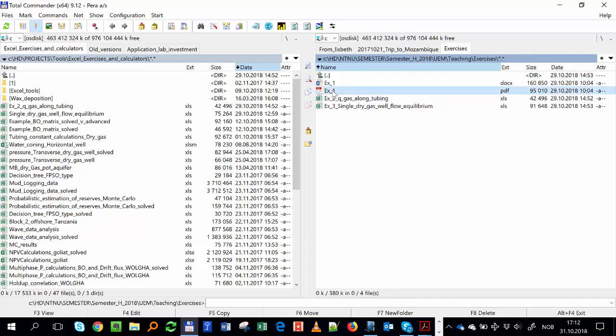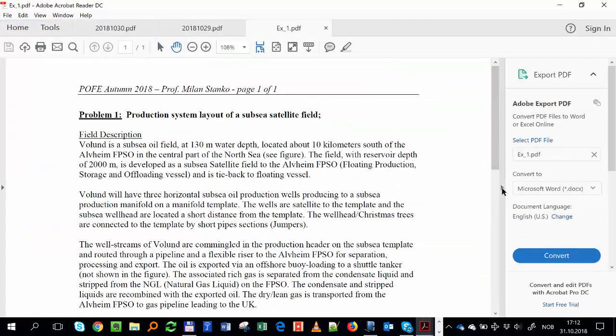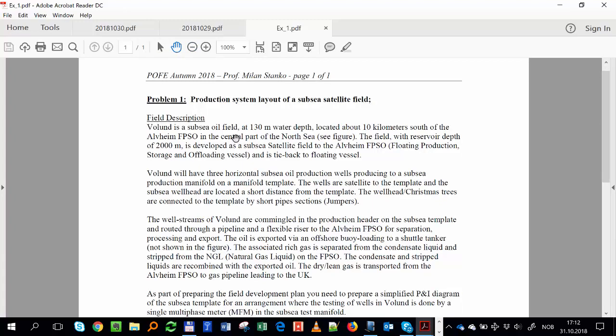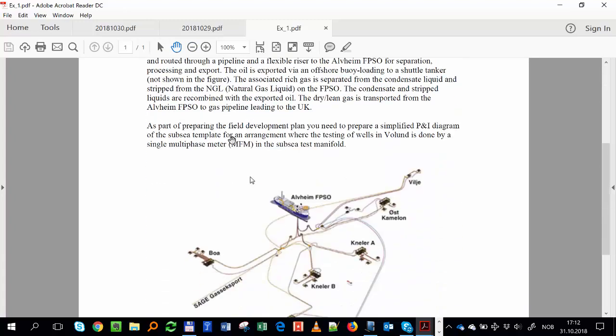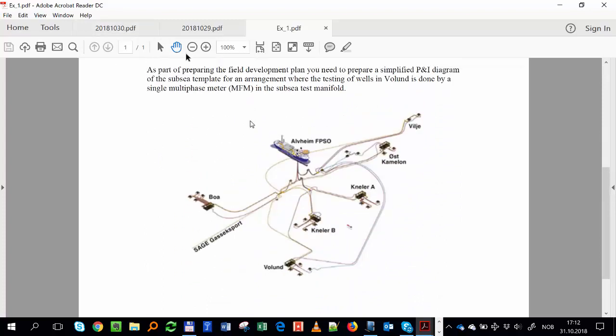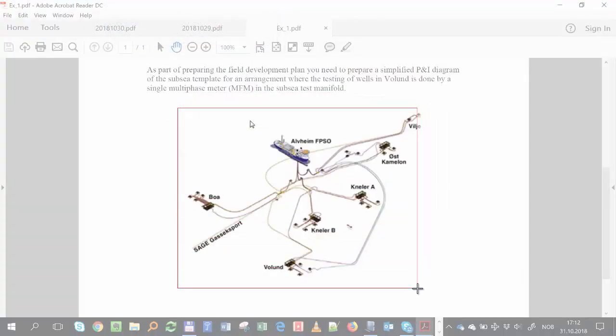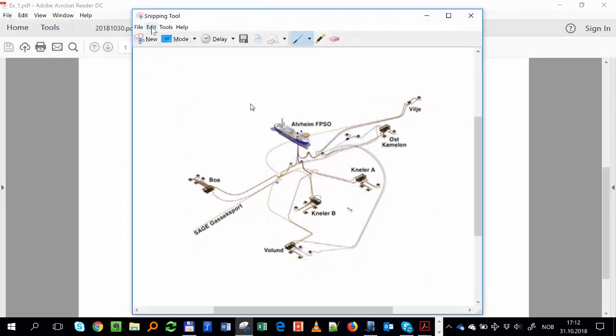Exercise 1 is based on the exercise that many of you didn't do right in class, but it's on the production manifold, this time for a subsea system. So we have that field, a field on the Norwegian continental shelf, offshore.